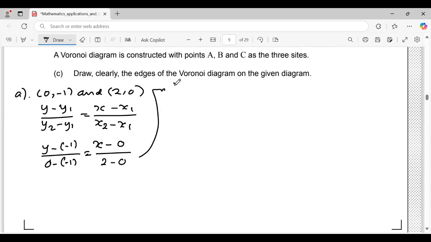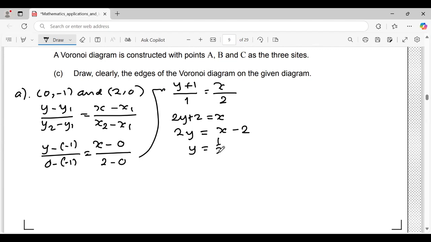It's going to be y plus 1 over 1 equals x over 2. Now cross multiplication becomes 2y plus 2 equals x. 2y equals x minus 2. Y equals 1 half x minus 1. So this is the equation.